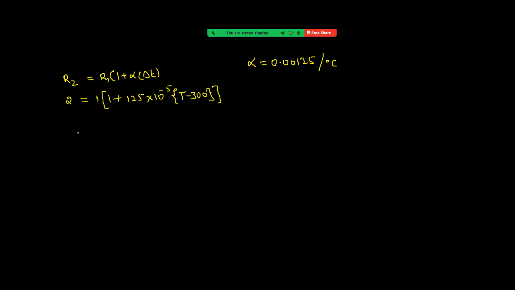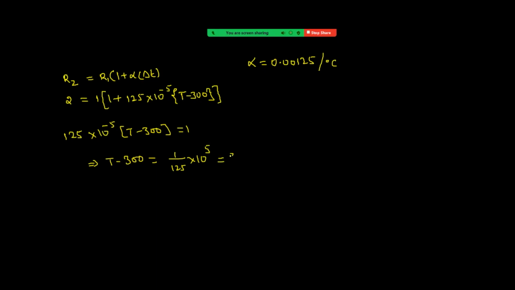So 2 minus 1, that is 1. So remaining is 125 into 10 power minus 5 into T minus 300 is equal to 1. From this, T minus 300 is equal to 1 by 125 into 10 power 5.